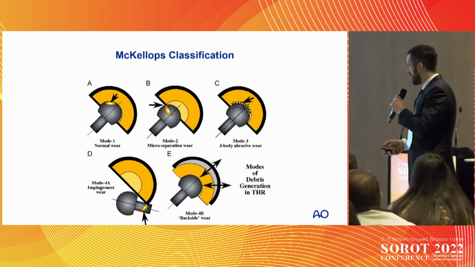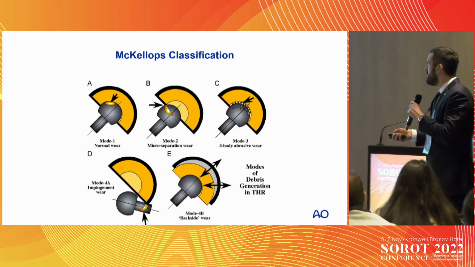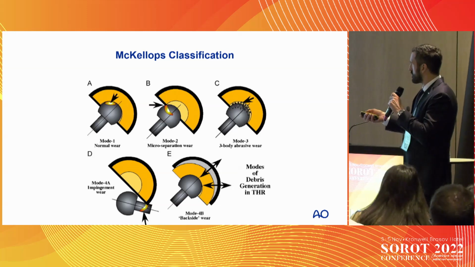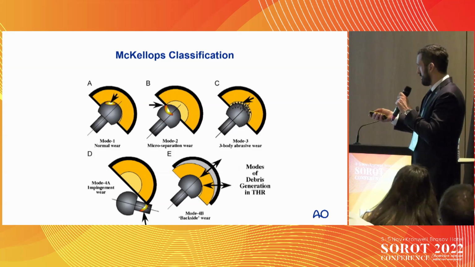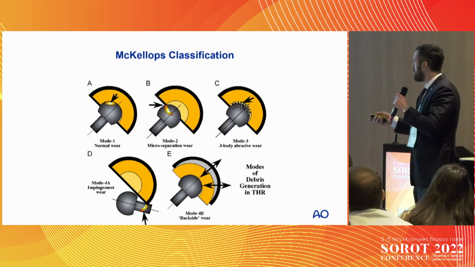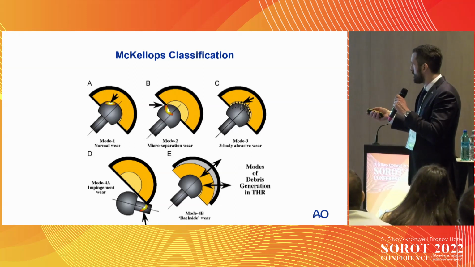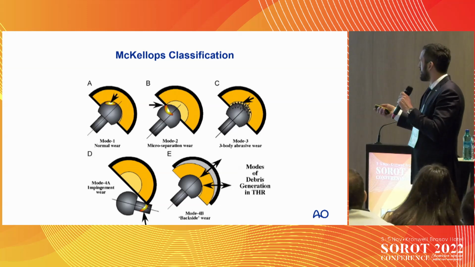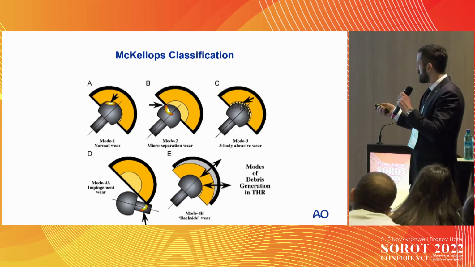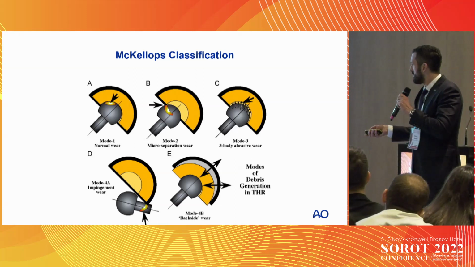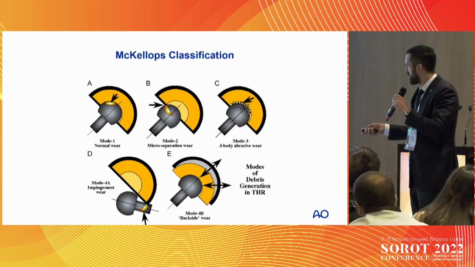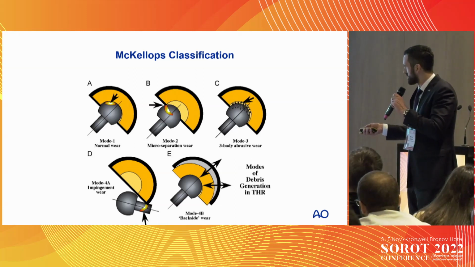Let's also put that a little bit more into a clinical setting. We have normal wear when two bearing surfaces articulate with each other. We have third body wear, which I just mentioned, when the bearing surfaces articulate against non-bearing surfaces, and when non-bearing surfaces articulate against other non-bearing surfaces.